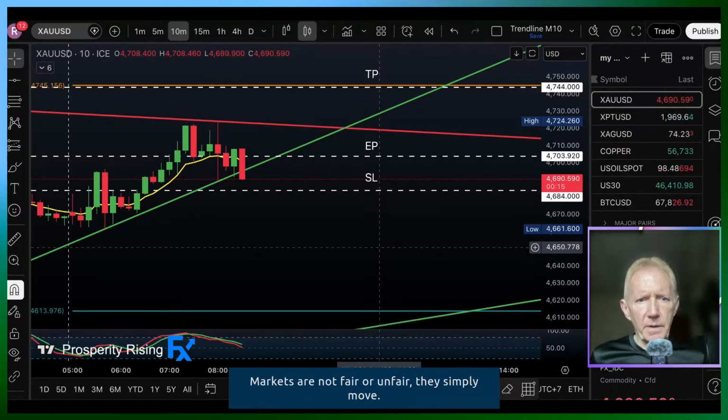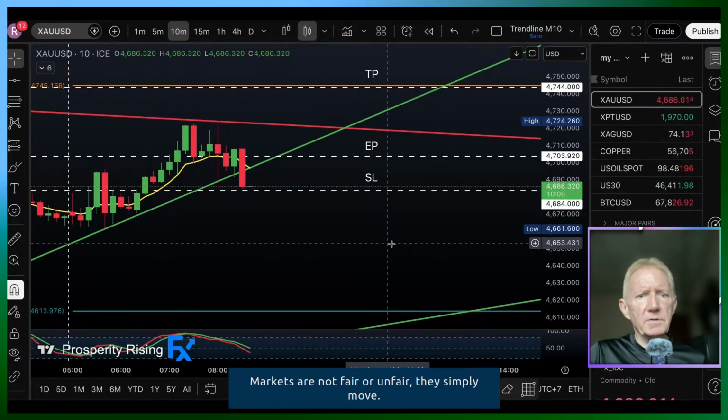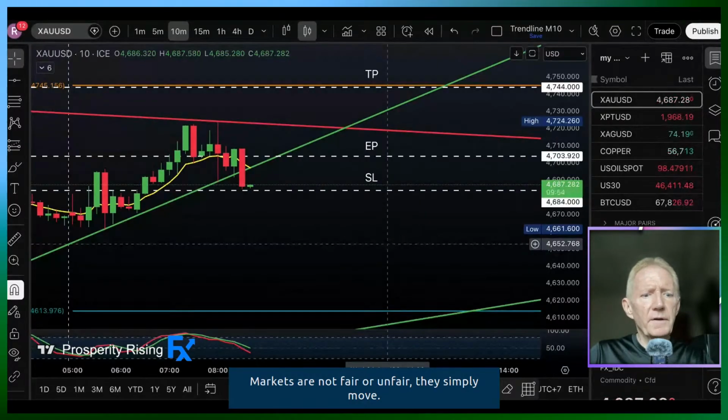Boy, that's a big bearish engulfing candle. That's what they call a big ass candle. And it looks like it's going to hit my stop loss. Okay, so I was wrong on that trade.